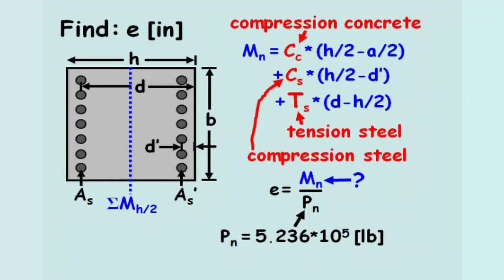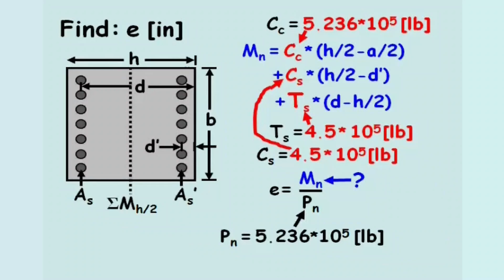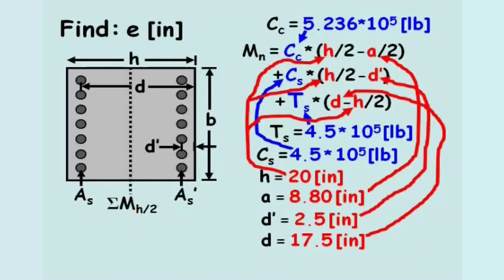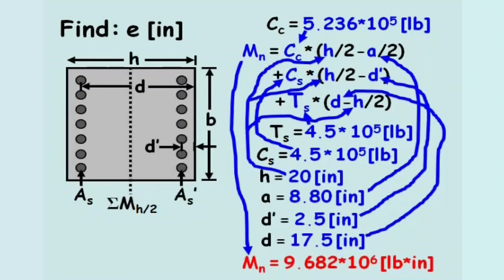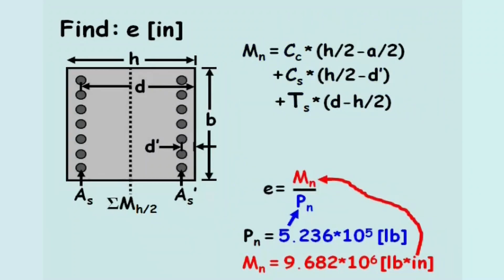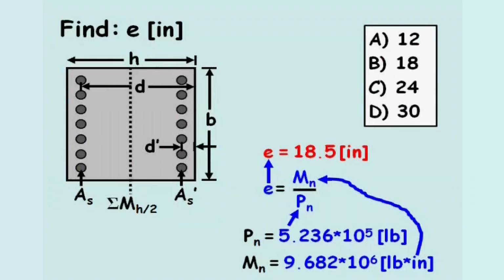If we plug in these forces and plug in the lengths of D, D prime, A, and H, then the nominal moment in the column equals 9.682 times 10 to the 6 pounds inches. Plugging this moment in for variable Mn, the eccentricity in the column equals 18.5 inches. When reviewing the possible solutions, the answer is B.